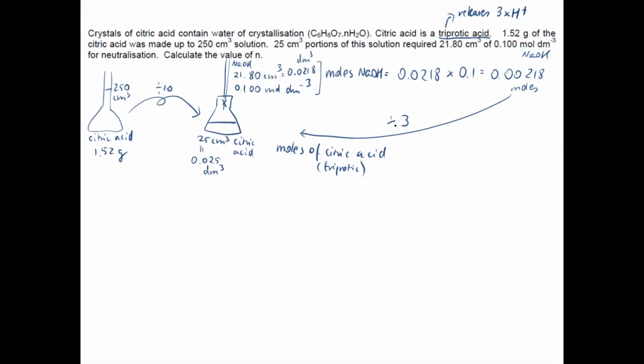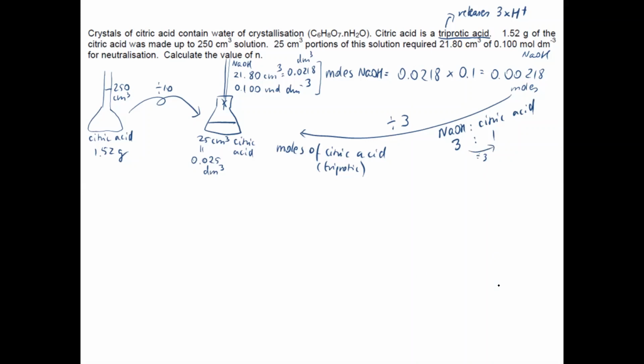Let me double check: NaOH to citric acid, the ratio is 1 to 3. No, 3 to 1. Yes, 3 to 1, because one citric acid produces 3 H pluses, so 3 NaOHs are needed to cancel that. So going from NaOH to citric acid, I need to divide by 3.